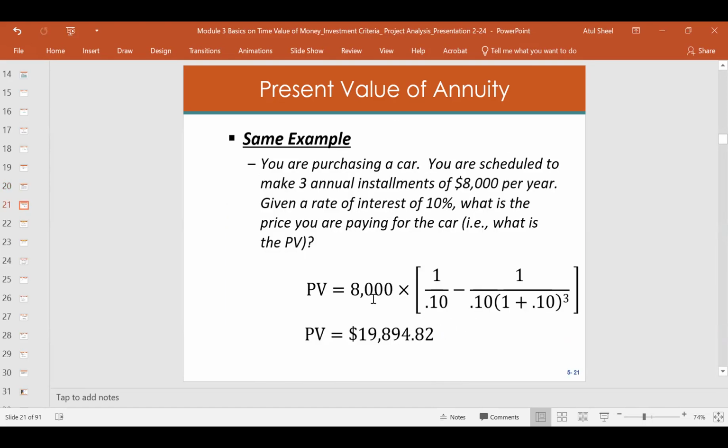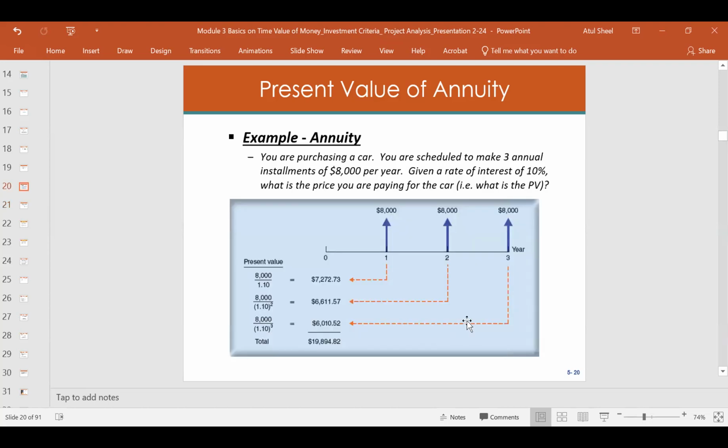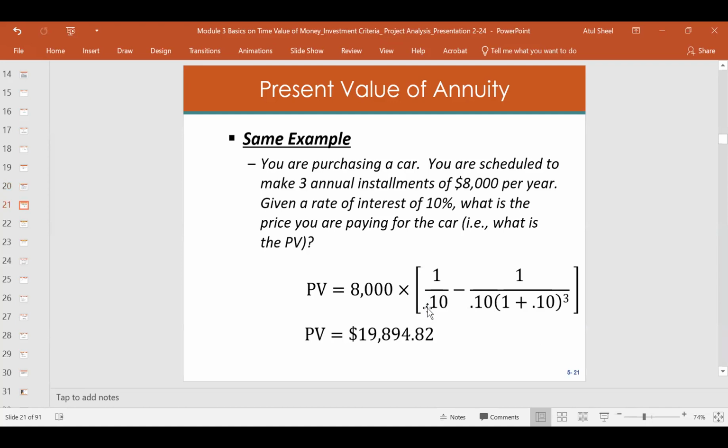So you'll get the same answer. It's just juggling of the symbols, that's all. Because this is an annuity, right? Same fixed payment you're making every year. That is why you can use the annuity table and just apply it there.